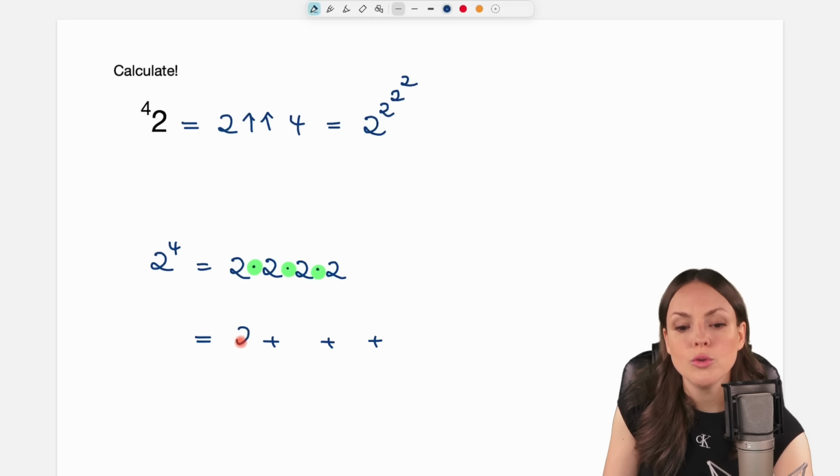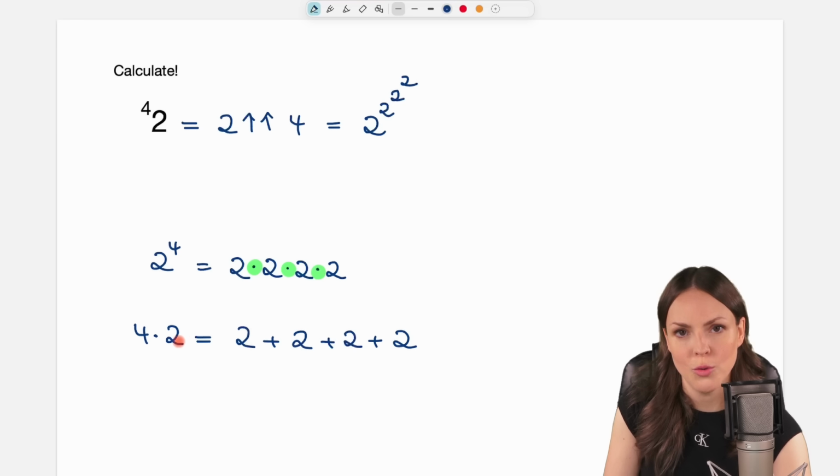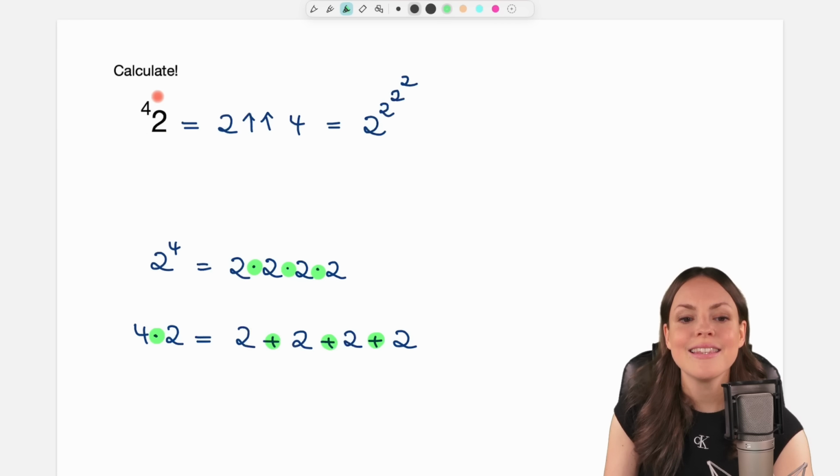So if you have 2 plus 2 plus 2 plus 2, then you can also write this as 4 times 2, which means the first level is the multiplication, which is the repetition of addition. The next level is exponentiation, which is the repetition of multiplication. And the next level is the tetration, where we have the repetition of exponentiation.